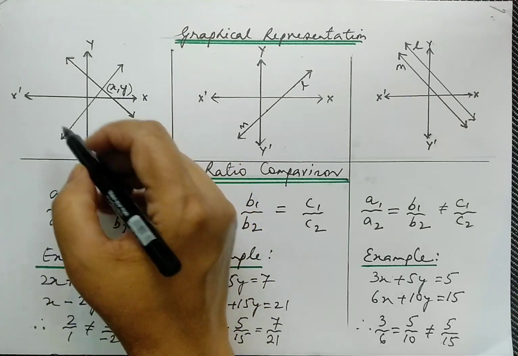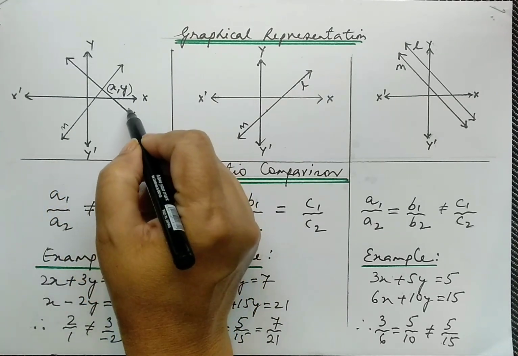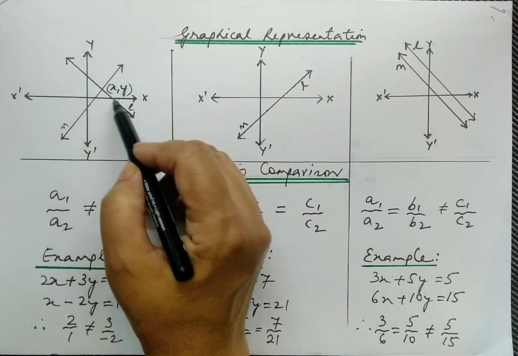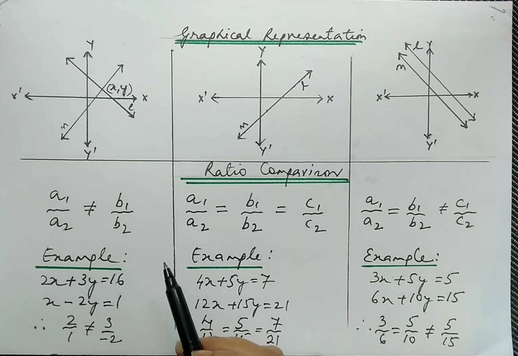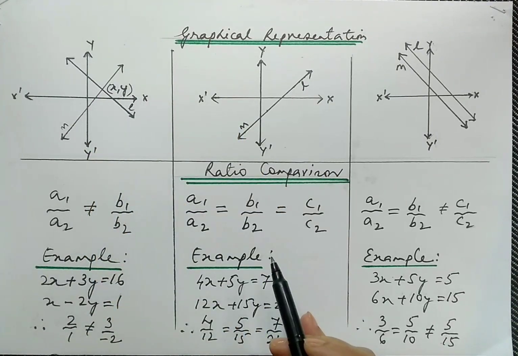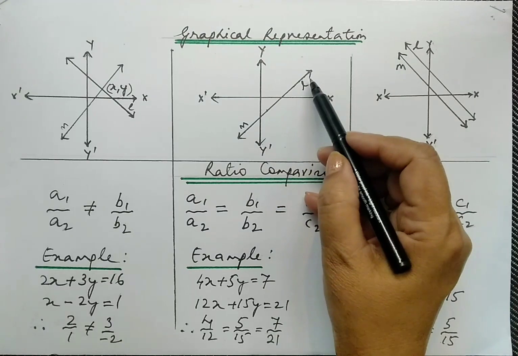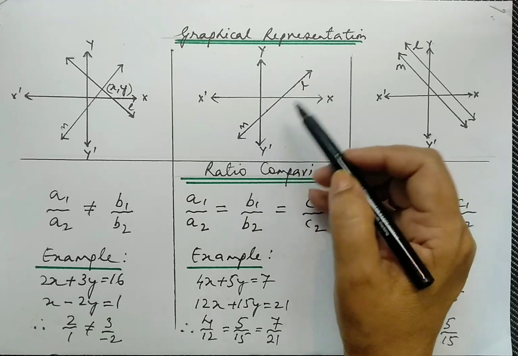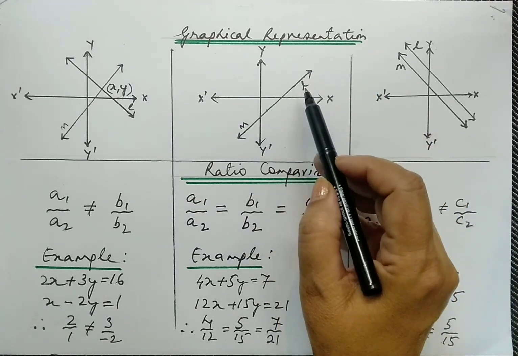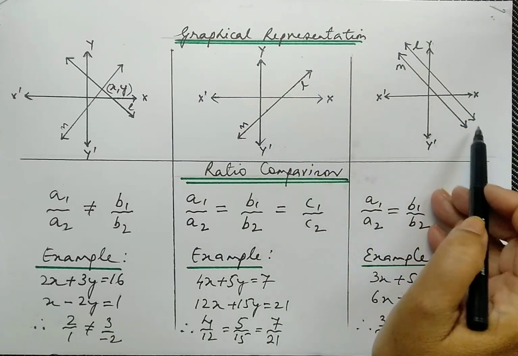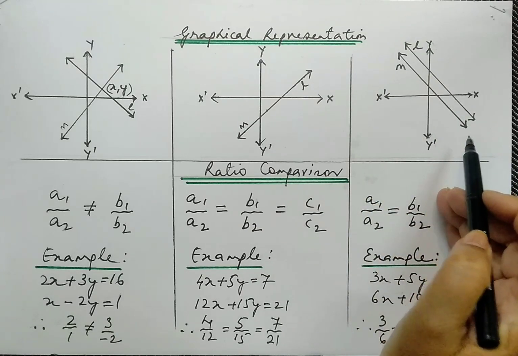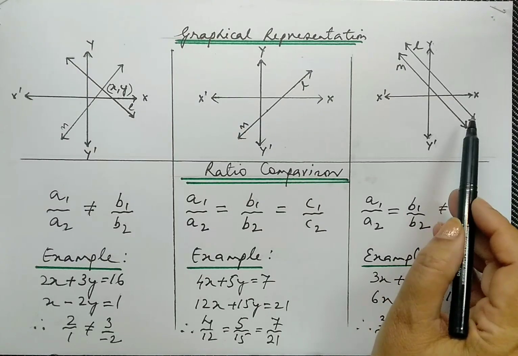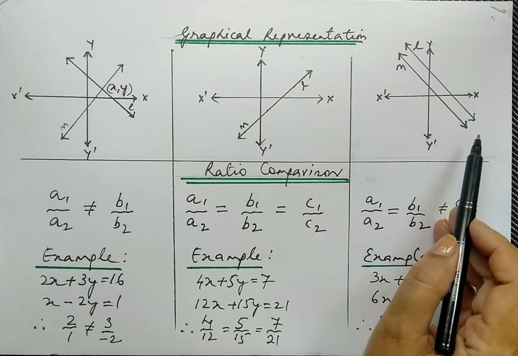If I consider this as line M and this as L, I would say that there are so many points in lines L and M that are dependent on each other. As they are lying overlapping, all the points are shared by them, which is why this is called dependent consistent. And this one does not have any point common to both the lines, which is why it does not produce any solution.